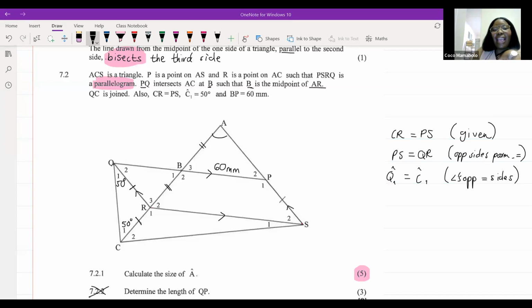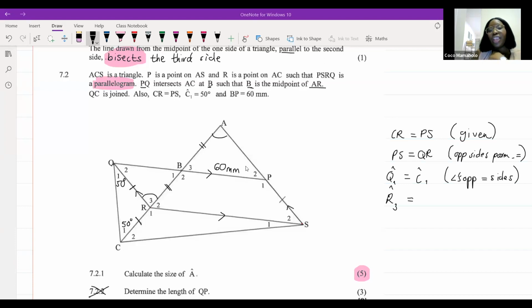Okay, good. What does that then tell us about angle R3? What do we know about this angle over here? What is the size of angle R3, guys? Therefore, angle R3 is equal to? Correct. Remufilwe is correct.